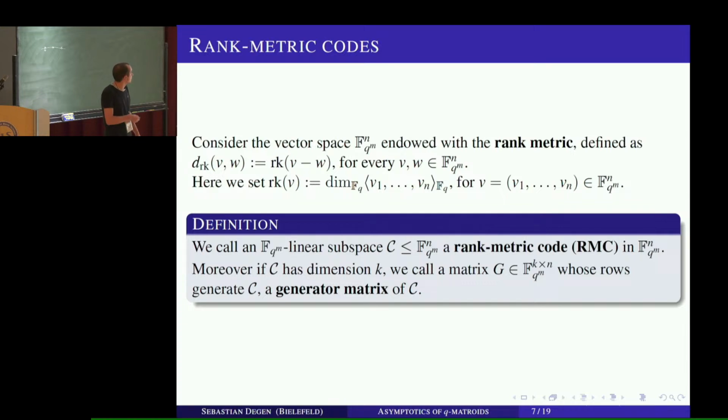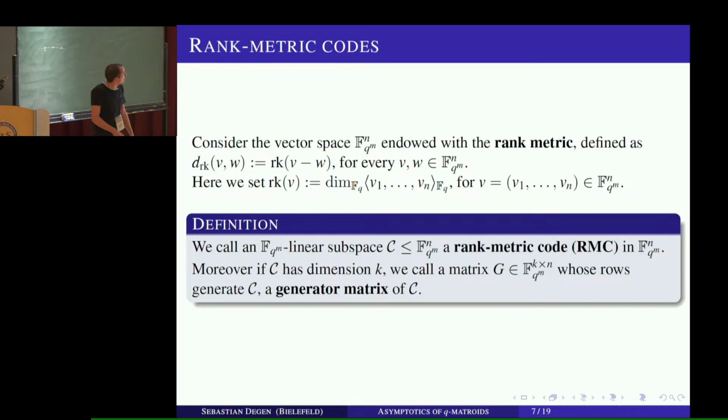With this rank expression here, I mean that I take the F_q dimension of the F_q span of its coordinates. Using this setup, we then define a rank metric code, or RMC for short, simply as an F_{q^m}-linear subspace of our given rank metric space. We not only care about the subspace itself, but also about its generator matrix, which is just a matrix such that the rows generate our rank metric code.